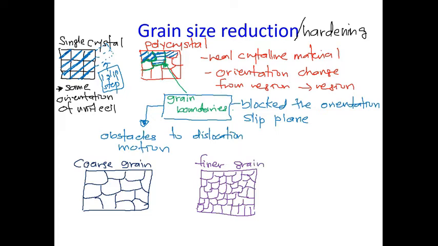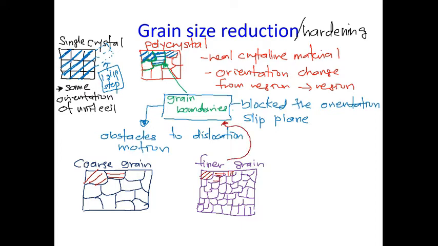Again, try to imagine if these two polycrystals have slip planes, similar to the top example. So they have slip planes, and these also have slip planes. What we can compare is that with the finer grain, you can have more grain boundaries, correct?